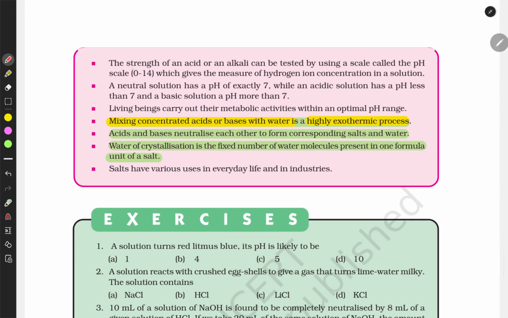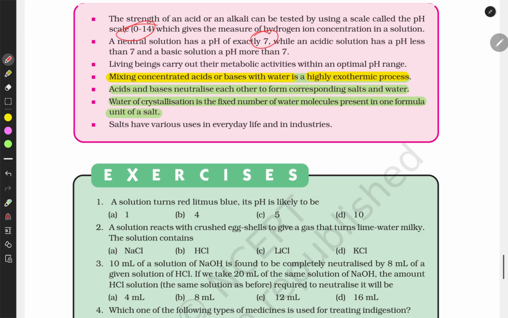So we have a scale on which we measure the concentration of H+ ions and OH- ions. This is called the pH scale, and it ranges from 0 to 14. A neutral solution has a pH of exactly 7, acidic solutions have a pH less than 7, and basic solutions have a pH more than 7.